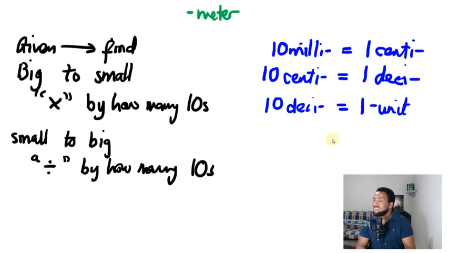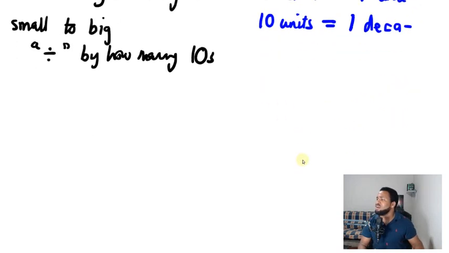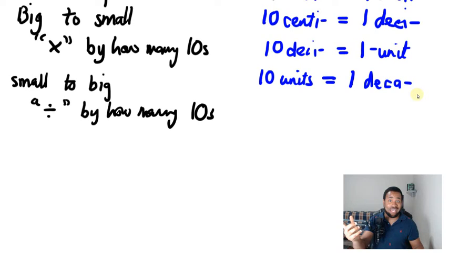And then 10 units give you how many? 1 deca unit. This is an example where you have 1 decade is equal to 10 years, or 10 years is equal to 1 decade.